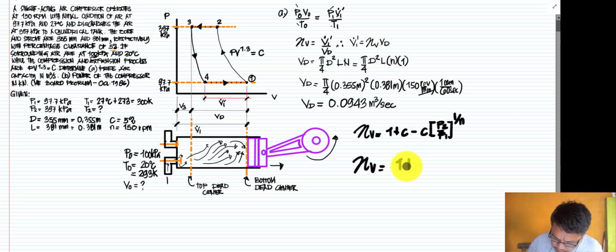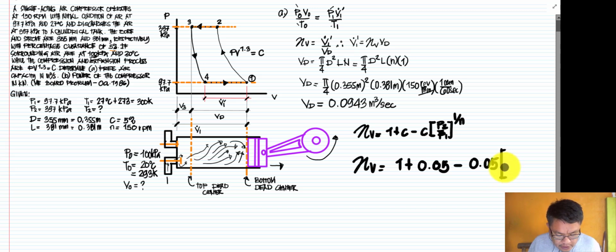So that will be 1 plus yung value ng clearance, that will be 0.05, minus 0.05, no? I'm gonna multiply this one, close parenthesis, we have your pressure 2, which is 397, so this is the unit of kPa, okay?